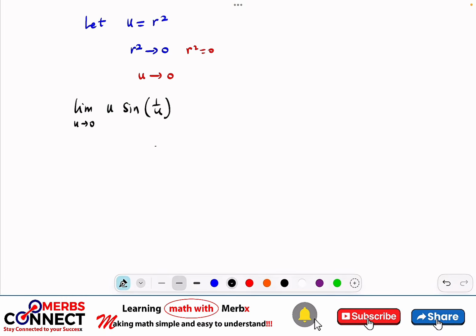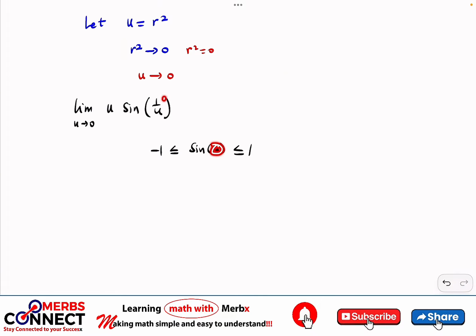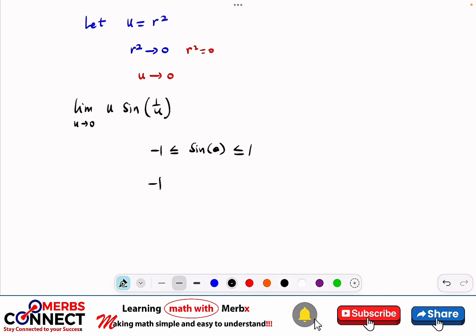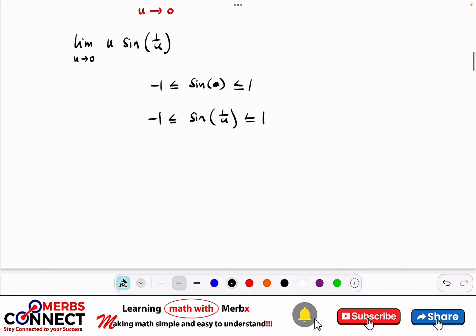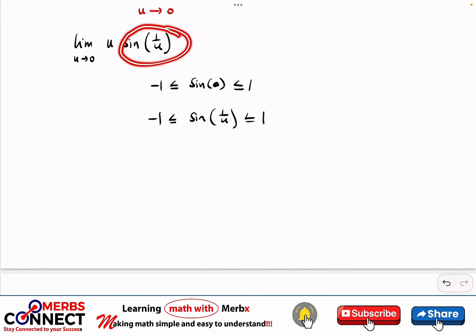Now here we know that sine is bounded by -1 and 1, right? So let's assume that theta is equal to 1 over u. So we are going to have -1 less than or equal to sine of 1 over u less than or equal to 1. Now we want to form this function here. Since we have sine of 1 over u, we want to multiply it by u so that we have the whole of this.